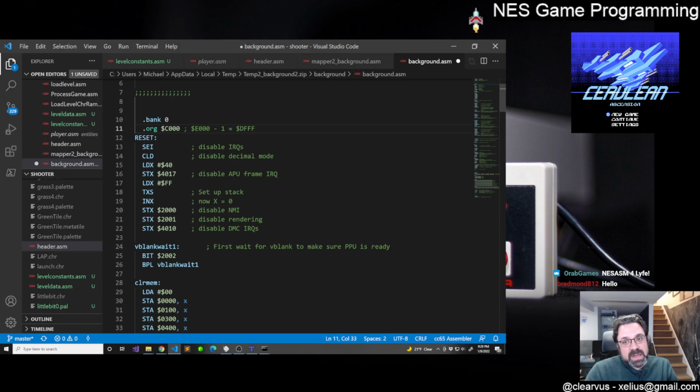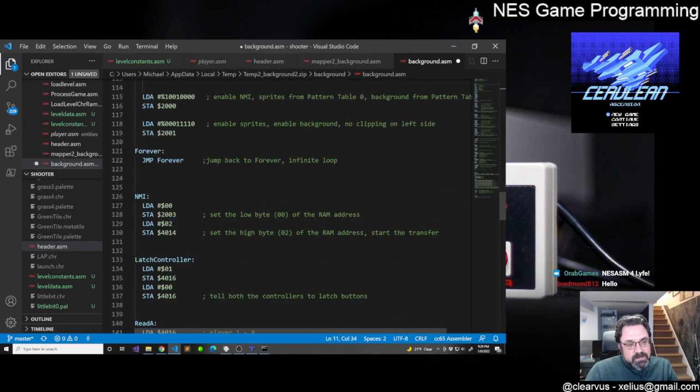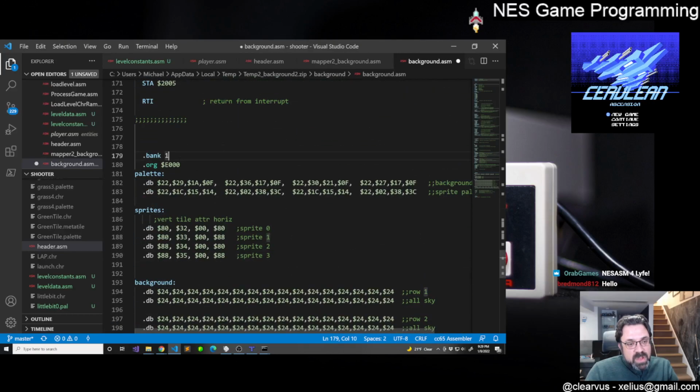Now, this is problematic in this example if you want to define your vectors for NMI, reset, and IRQ, because those have to happen at FFFA, right? So what that means is that there has to be an additional bank. So that's exactly what Bunny Boy did when he wrote this. He has this bank 1 that starts at E000, right?